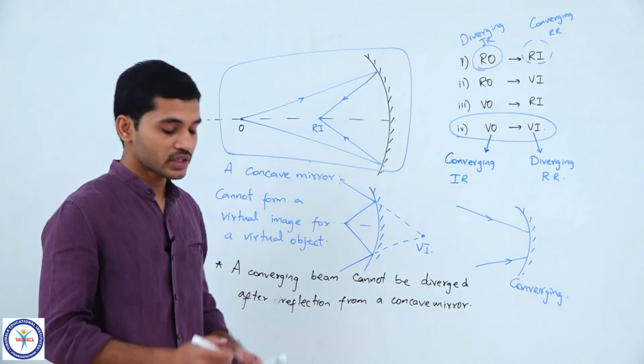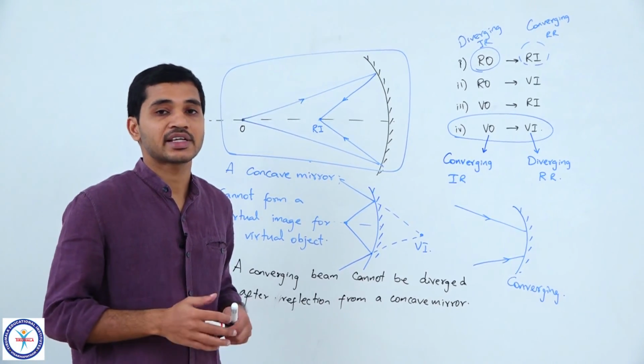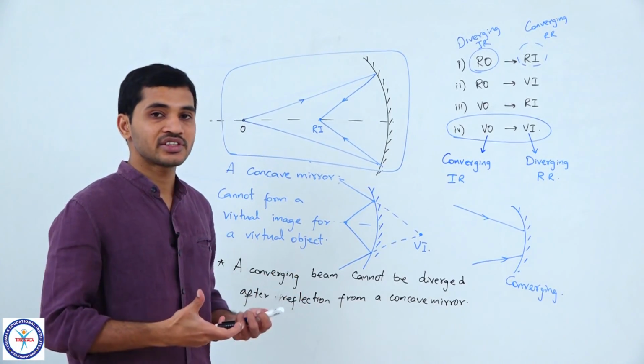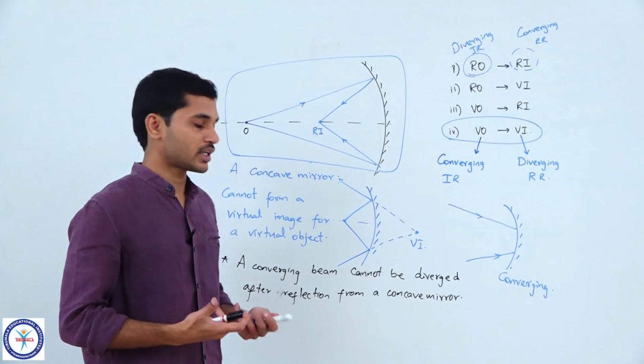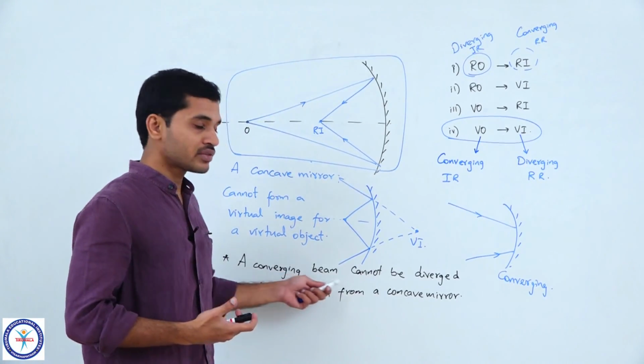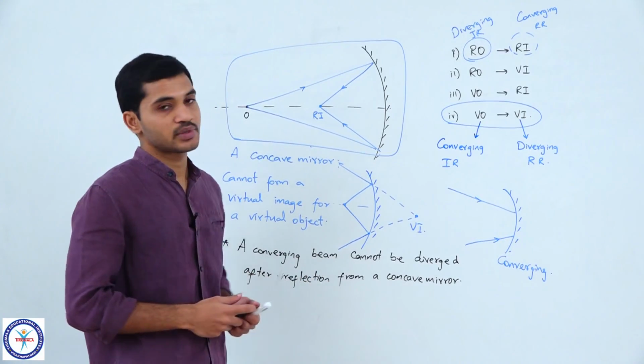Clear? So, a concave mirror doesn't have that ability. Because it is a converging mirror, it tries to converge all the time. So, something which is converging will be further converged. So, that is the basic idea.